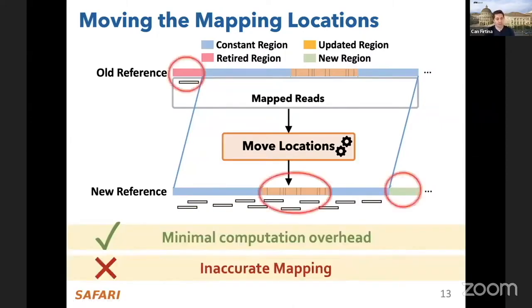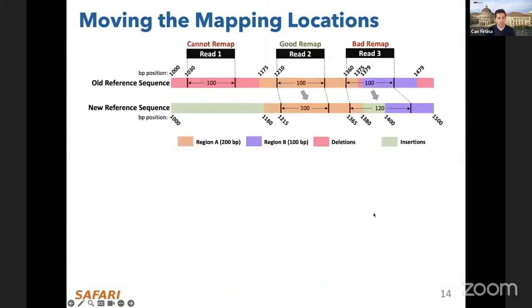However, this is essentially an inaccurate mapping, because we're missing the reads that fall under the retired region, and we're essentially missing the fact that the reads under the updated regions could now map to other regions because of these slight changes between the two reference genomes. So let me try to illustrate that.